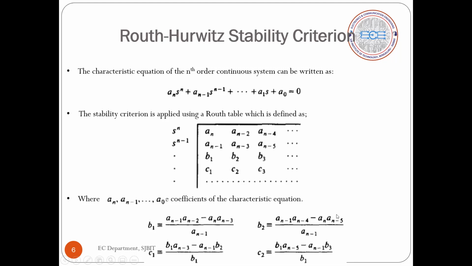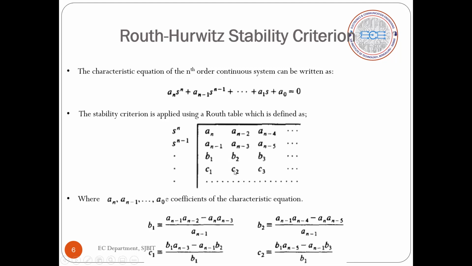Similarly for c1, the fourth row here, we take a_(n-1) and b1, these two elements in column 1, and a_(n-3) and b2 in column 2. In these four elements, you take the secondary diagonal product minus the primary diagonal product, divided by the base element.